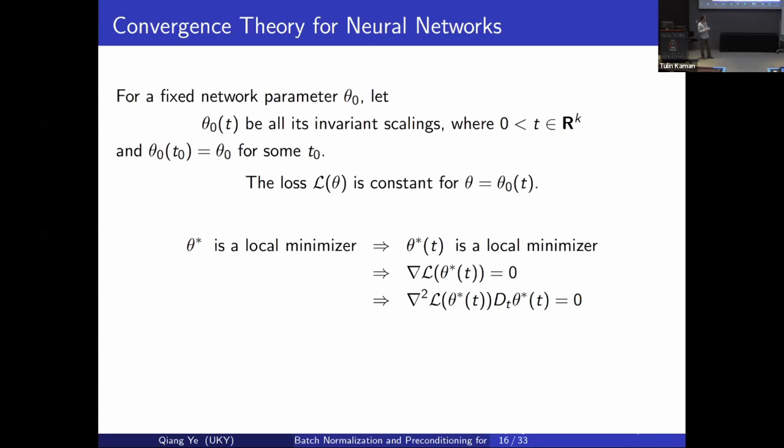Take the derivatives, and you get Hessian times d/dt theta star(t) equal to 0. So d/dt theta star(t) is in the null space of the Hessian. So the Hessian has a null space, and the null space contains the tangent space of that manifold.